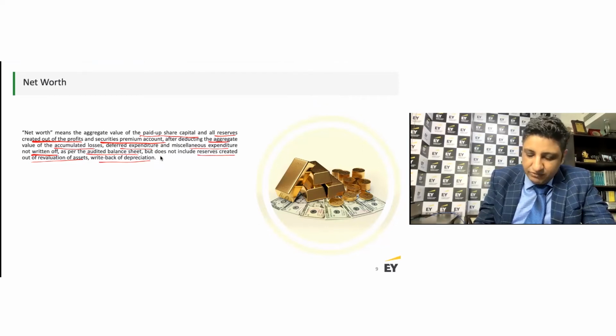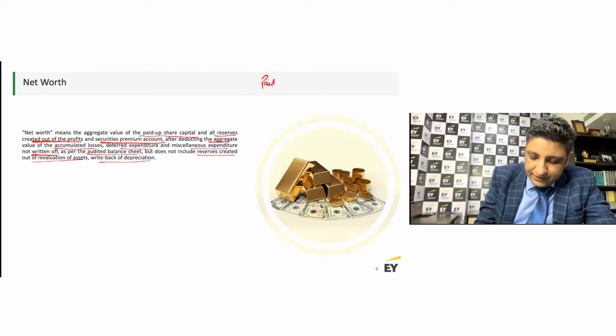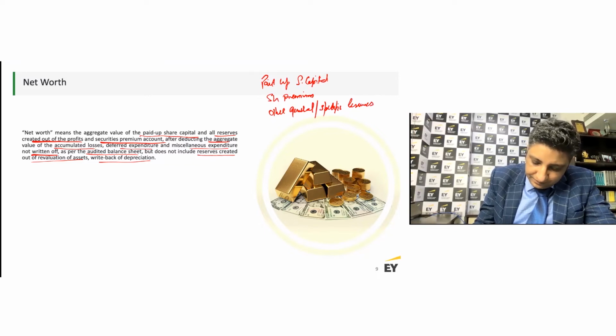All right. However, it will not include reserves created out of revaluations or write back of depreciation. So essentially, you would have your paid up share capital, share premium, other general reserves, and other specific reserves, right? Minus, of course, any accumulated losses, right? Any deferred expenditure or miscellaneous expenditure, right?